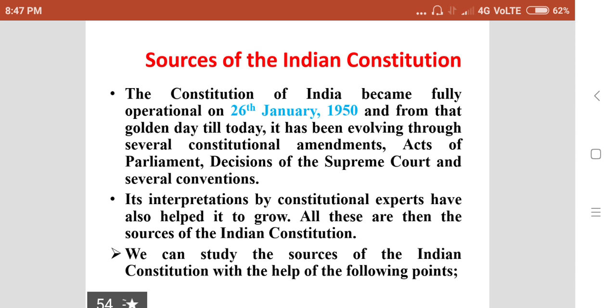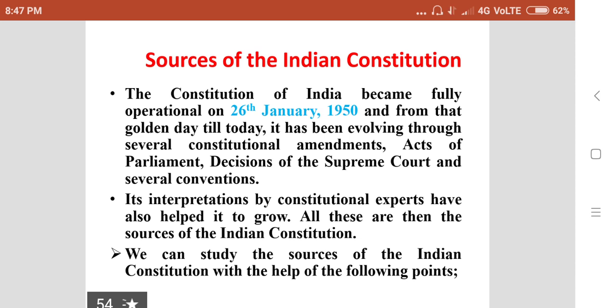So on 26th January 1930, they took a pledge for complete freedom, which is also called in Hindi Purna Swaraj, for India.